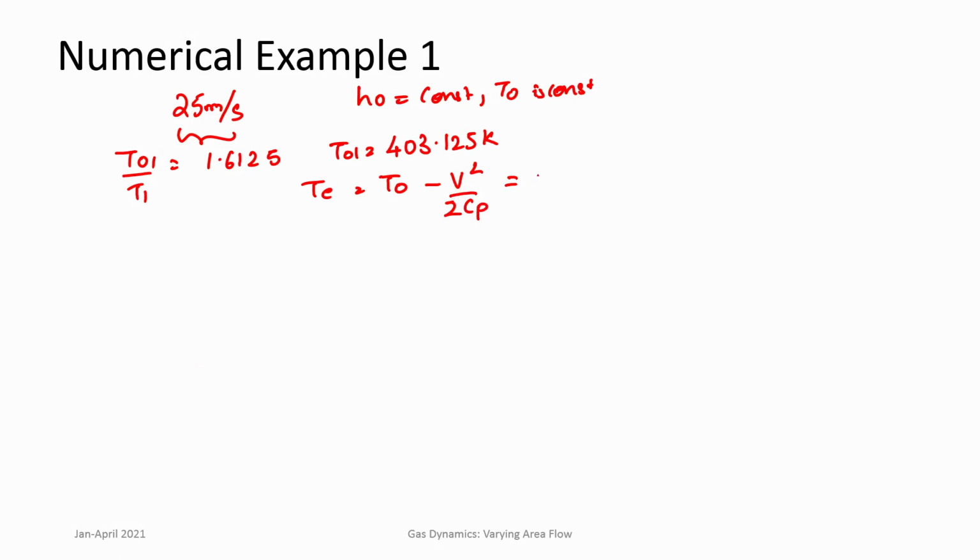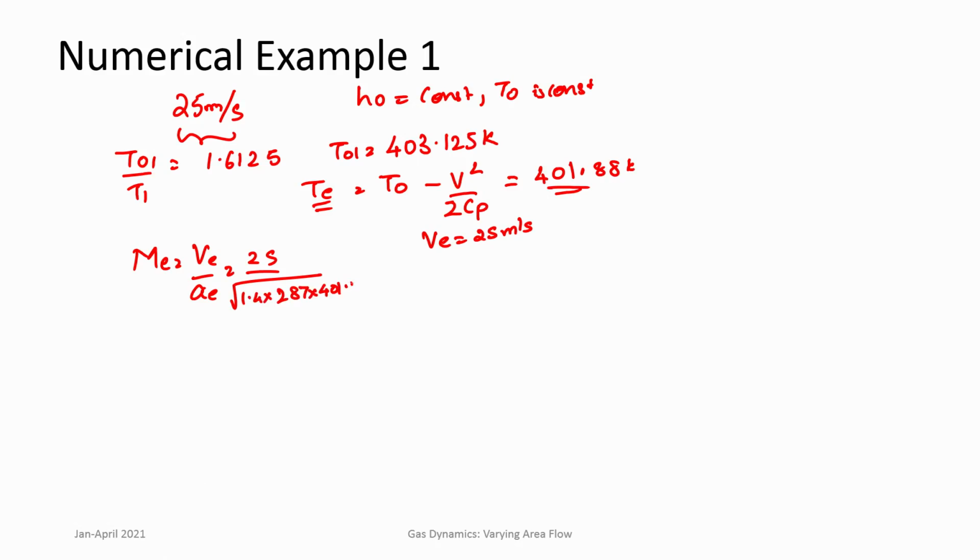This turns out to be 401.88 Kelvin. This is V at the exit, 25 meters per second. So T e is known. Okay. So what is the Mach number? M e is V e by a e, which is 25 divided by square root of 1.4 times 287 times 401.88, which is 0.0622. So it is quite small.